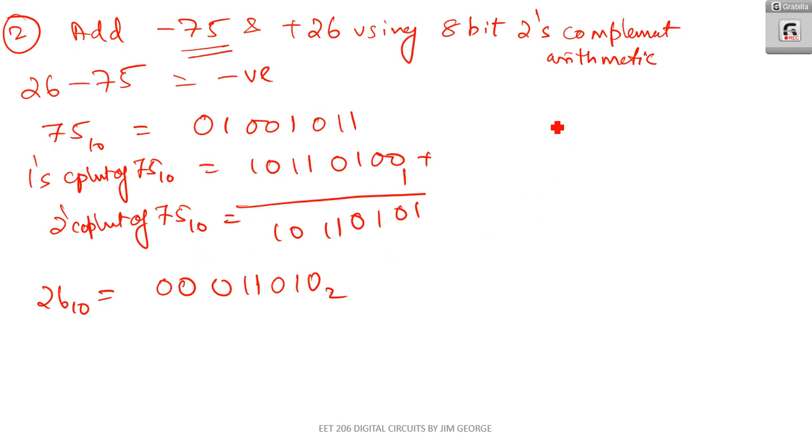That is 0, 0, 0, 1, 1, 0, 1, 0 plus the 2's complement of 75, which is 1, 0, 1, 1, 0, 1, 0, 1.